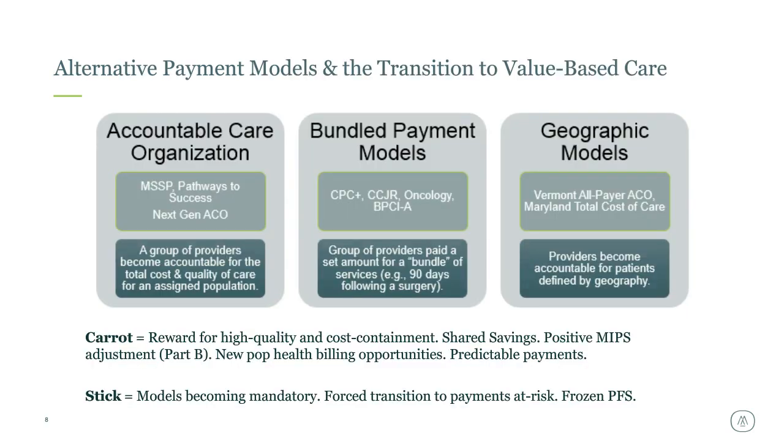So what are these alternative payment models? They're mostly being tested by CMMI, the Center for Medicare and Medicaid Innovation Center, and there's all different types. They've tested many different types of models in different places, but some of the main ones are accountable care organizations, where a group of providers becomes accountable for the total cost and quality of care for an assigned population.